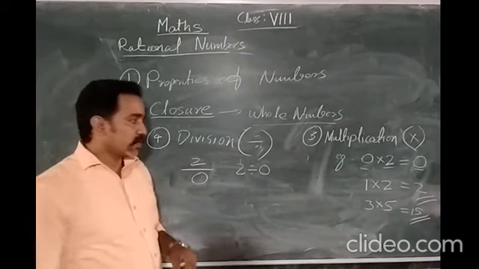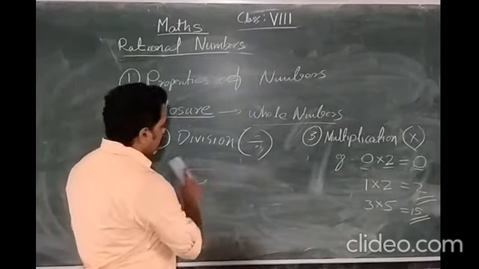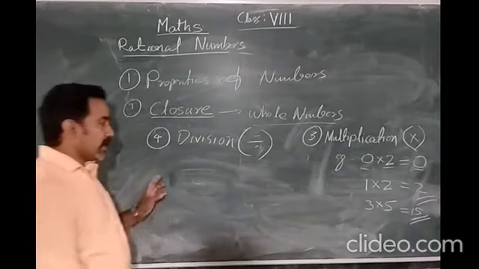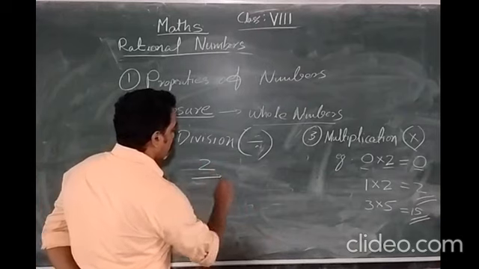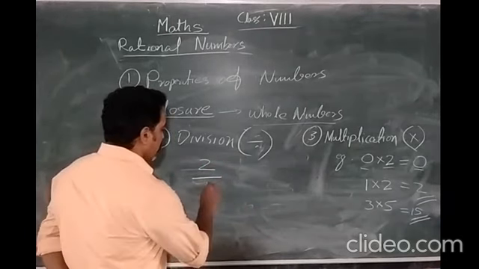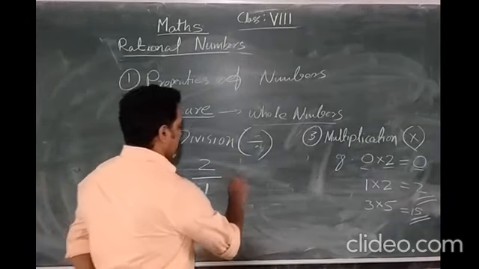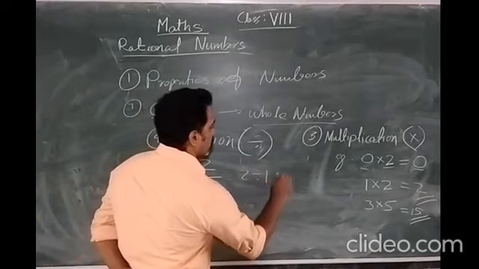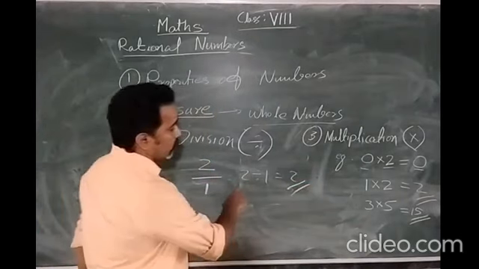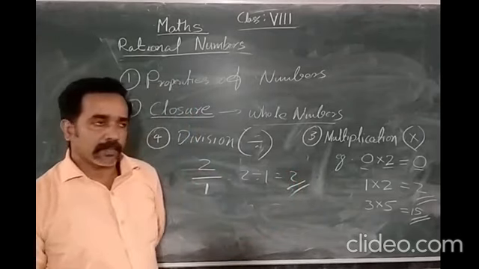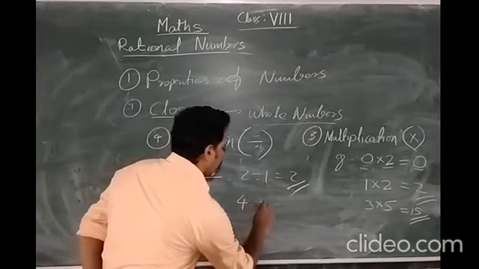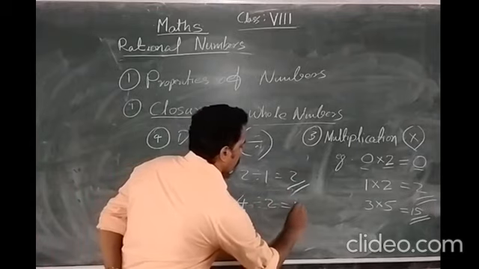Some other examples you can also take. Any number by 0 is not possible, but 2 by 1 is possible. 2 divided by 1 is equal to 2. Here 2 is a whole number, 1 is a whole number, and the result is a whole number. And 4 divided by 2, you will get 2.